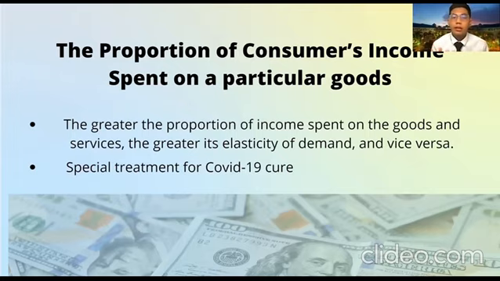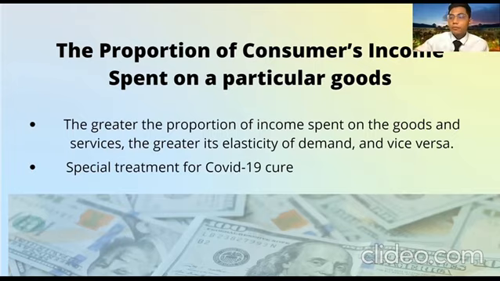On the other hand, the less money we spend on a particular product, the more inelastic that product will be. For example, special treatment for a COVID-19 cure will cost a lot of money, so that special treatment will be more elastic.